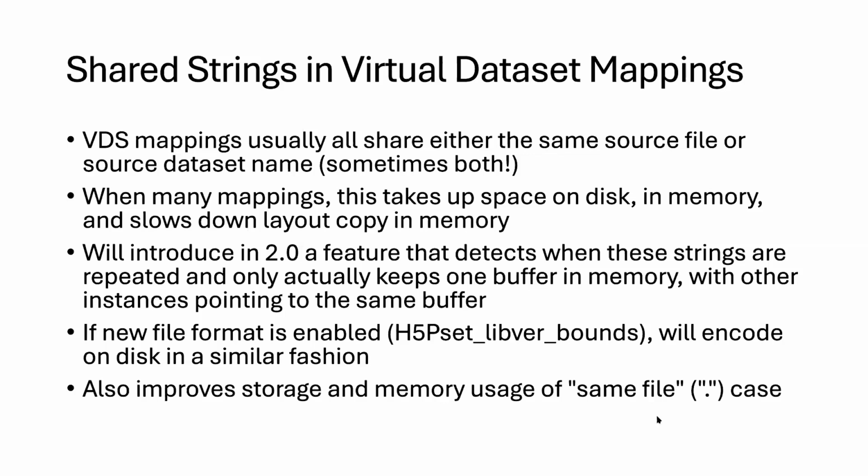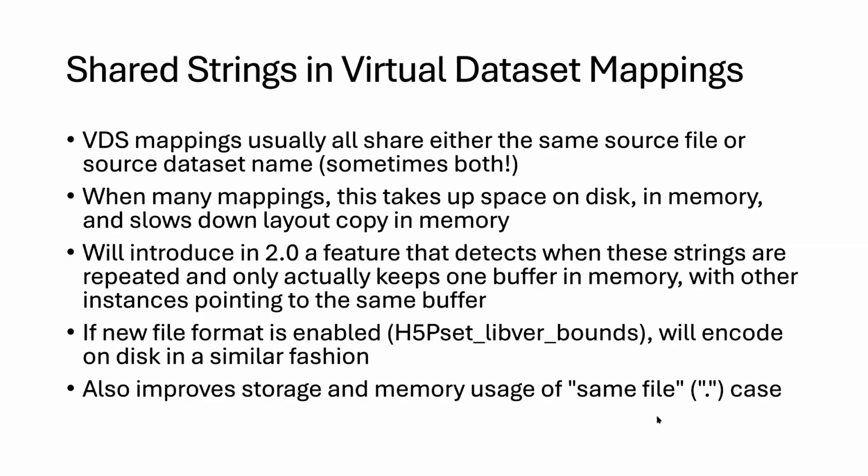So we're introducing a new change both in how the library works internally and in the file format in 2.0, where we will detect these repeated strings both when they're being added by the API and when they're being decoded from the file, and we'll just share buffers.